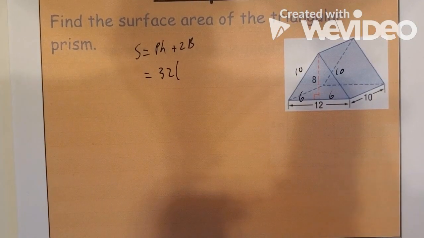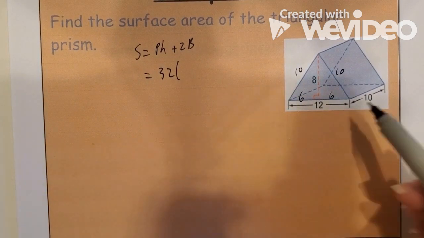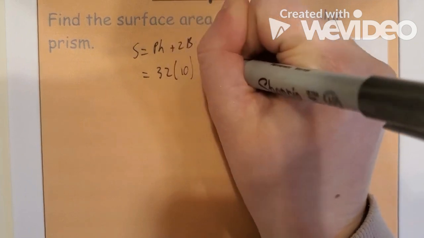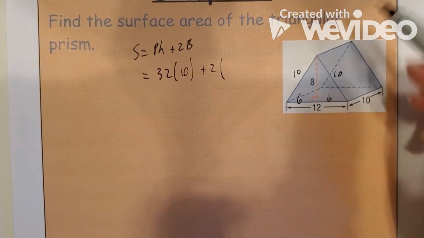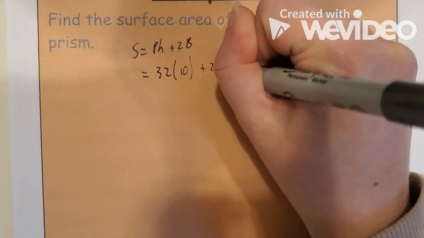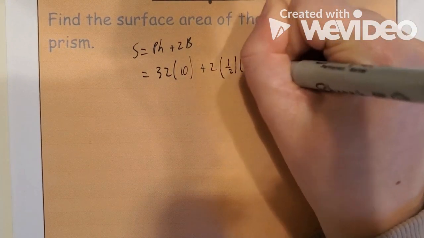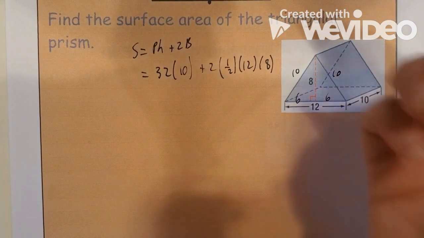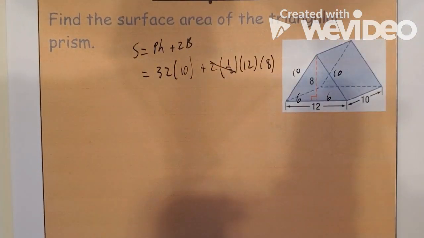Okay? And then the height is, again, going to be this exact same height over here, so 10. Plus 2 times, well, now we're dealing with triangles. So we know the formula for the area is 1/2 base times height. So this is going to be 1/2 times 12 times 8. And the nice thing here is that the 2 and the 1/2 end up canceling out.